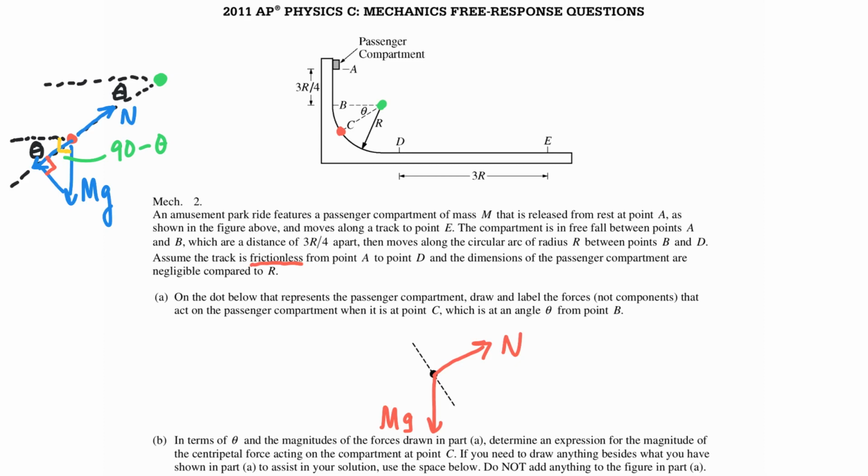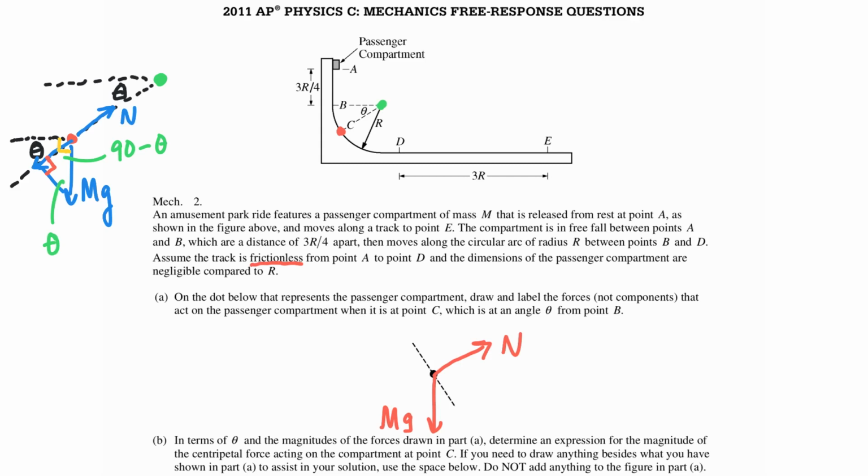If we have a triangle where one of the angles is 90, another angle is 90 minus theta, that means the angle in the bottom here must be equal to theta. The reason why that's important to us is because now we can express the component that points opposite the direction of N as mg sine theta.